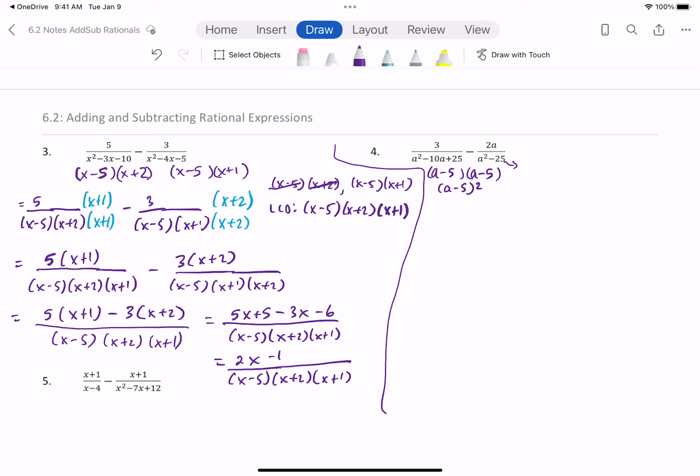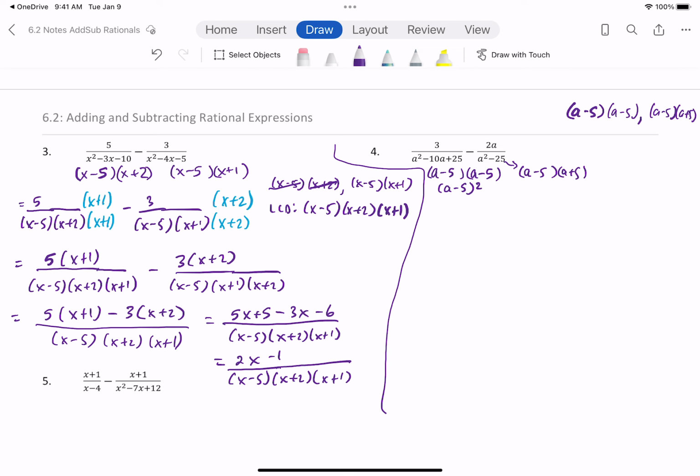Then for the second denominator, that's a difference of squares. So I can write that as a minus 5, a plus 5. Alright, so my denominators are a minus 5, a minus 5, and a minus 5, a plus 5.